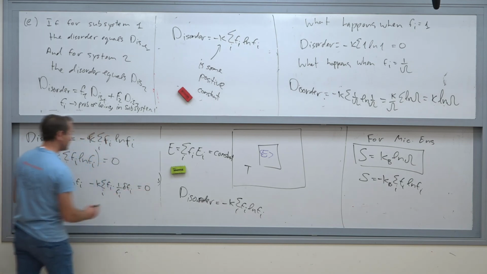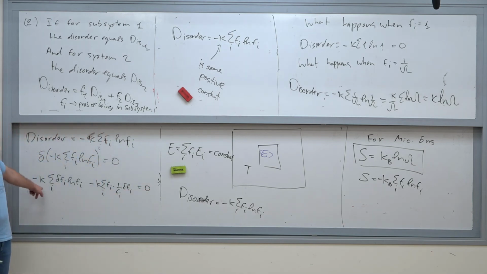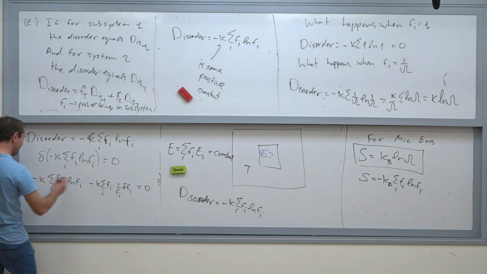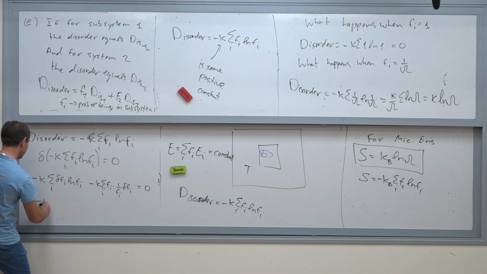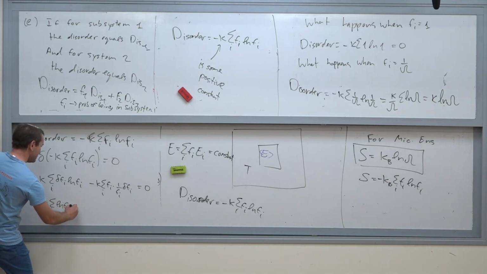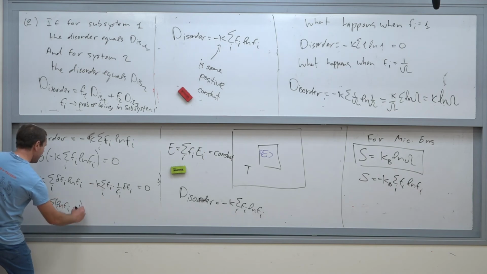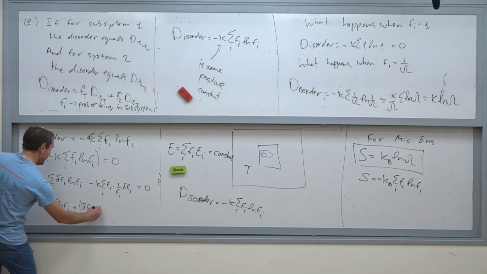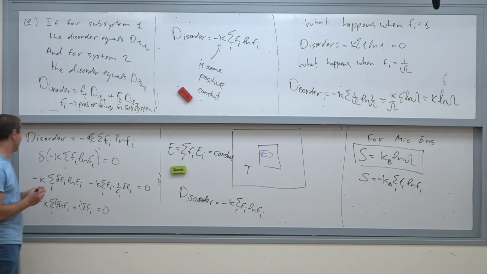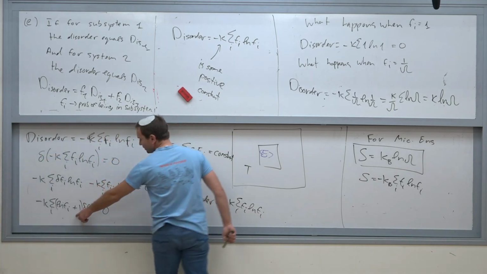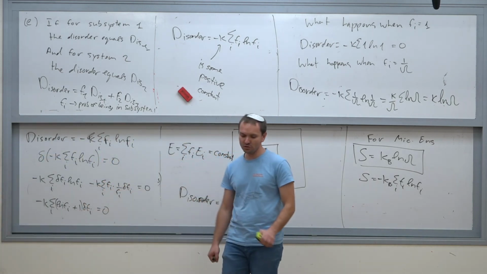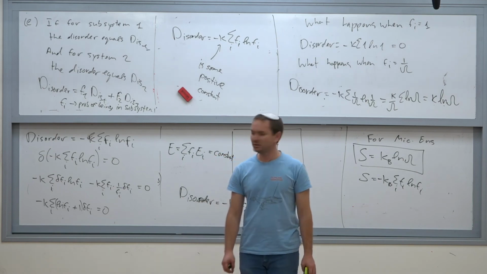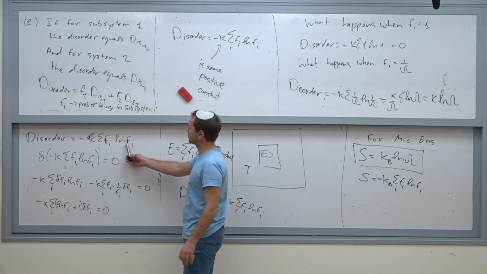This all equals 0. So it's like taking a differential of this equation, but I'm using deltas instead of the differential. That's it. So let's take the deltas out. So we have minus k sum of i, log of Fi plus 1, multiplied by delta Fi, all of this equals 0. Okay, so this is the equation that should define the maximum of the disorder.